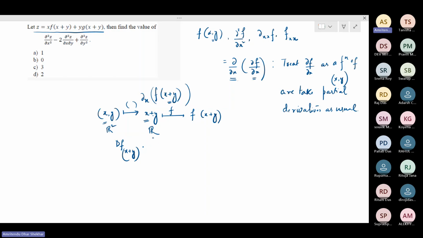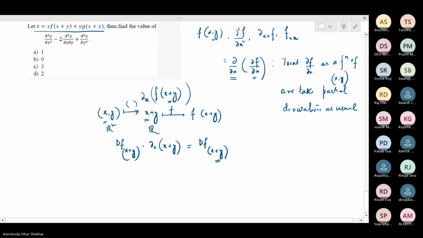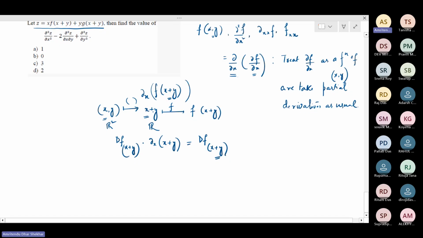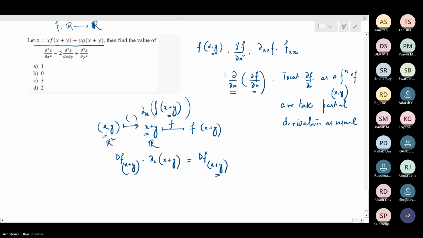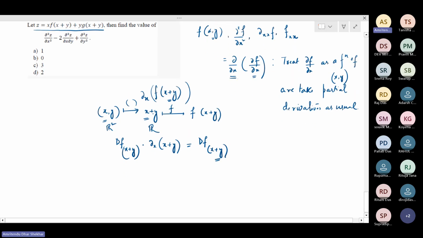The partial derivative of the map x plus y is just equal to 1. So this is equal to d of f at the point x plus y, the partial derivative for f of x plus y. Similarly, you can compute the partial derivative for g of x plus y. That would be equal to dg at the point x plus y.